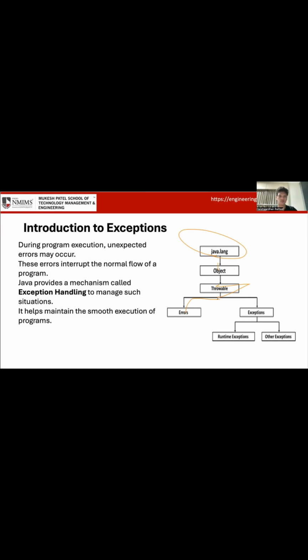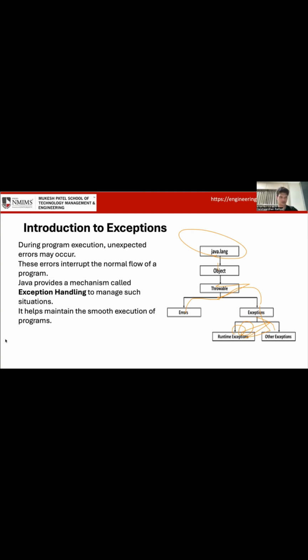But if we put in the exceptions, then it will go through the runtime exceptions. It will create a new path, and the same for another option known as other exceptions. After creating one path, it will go to the other.